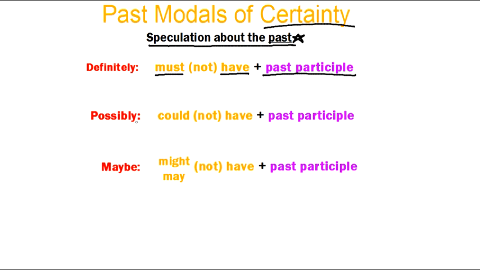If it's possible, I always use could plus have plus the past participle, and not if I want to say it's not possible. If I'm thinking maybe, I'm not sure about it, I'm going to use my modals might or may plus have plus the past participle, right? So those are my past modals of certainty to talk about speculation about the past. All right, good luck, guys.